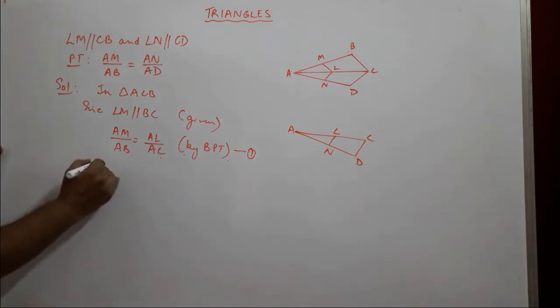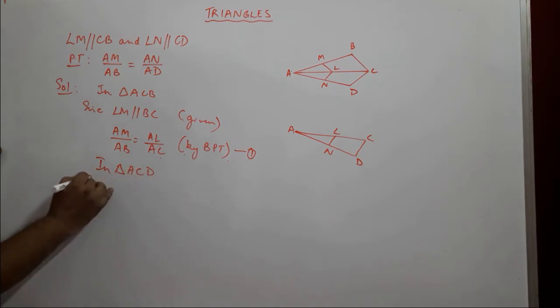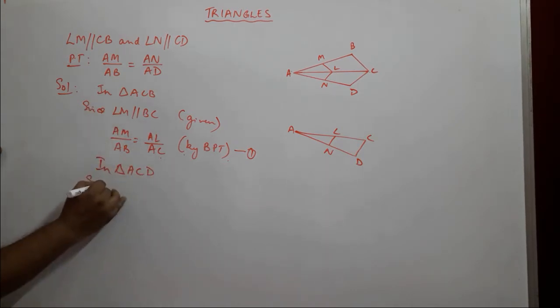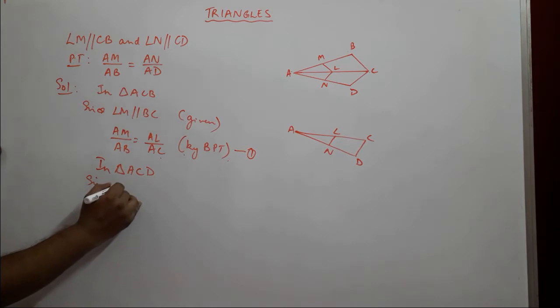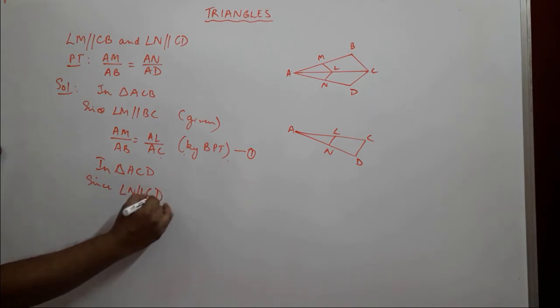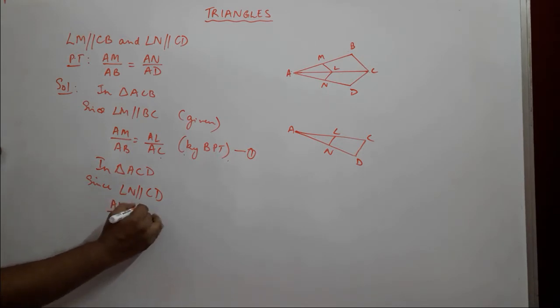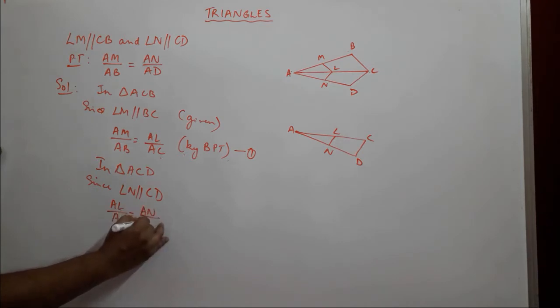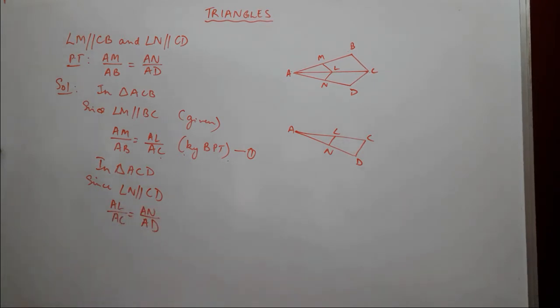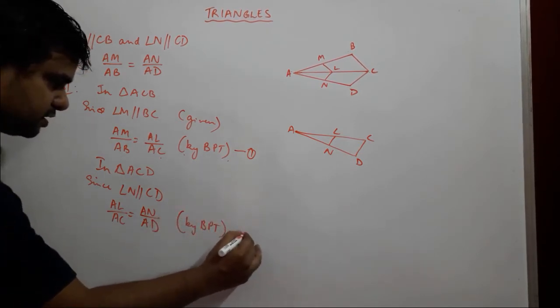So similarly over here we can take in triangle ACD, since we have LN parallel to your CD, we get AL upon AC is equal to AN upon AD, and this would be by basic proportionality theorem, and we mark this as 2.